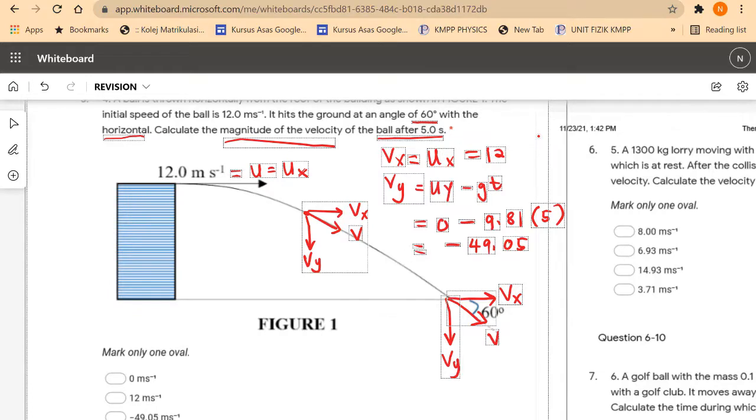Number 4 is D. And then number 5. This one is number 5.